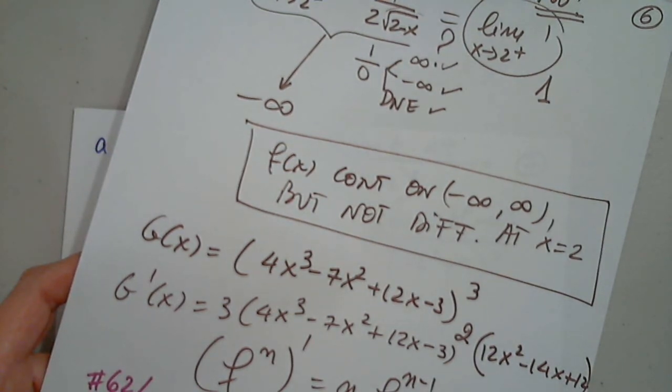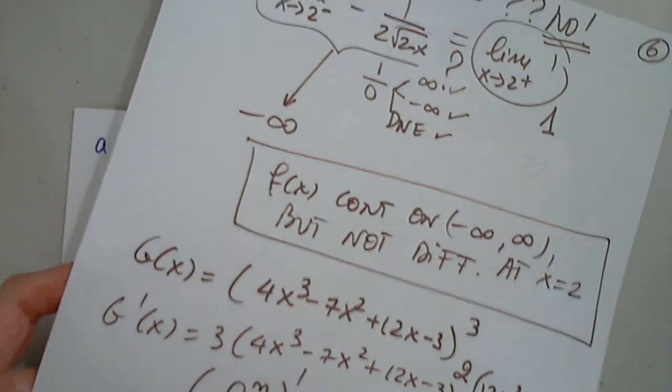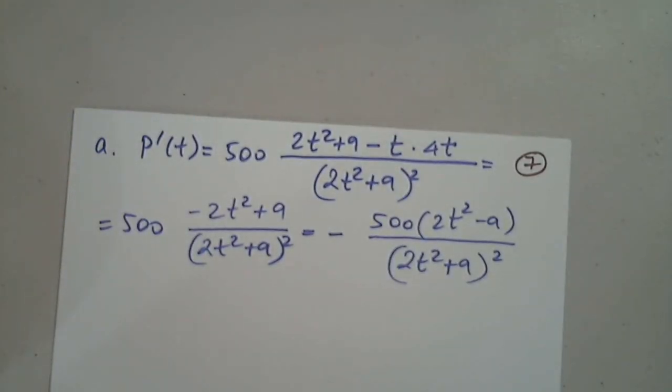And divide, don't forget parentheses. If you forgot parentheses, you're going to get something else. 2t squared plus 9. And I will enter the derivative as the second function, negative 500 in parentheses 2t squared minus 9, and divide by, in parentheses, 2t squared plus 9, and close the parenthesis, squared. So now when I go to second and table, let me know if you have this or you need more time.